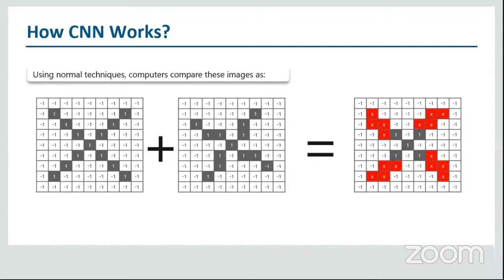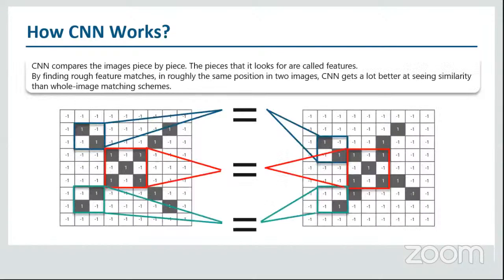Now, see what we try to do. The CNN compares the image piece by piece. Every piece it compares, and the pieces that it looks for are called features, which means the smallest entity of an image, which is the pixel, it tries to see every piece of it.